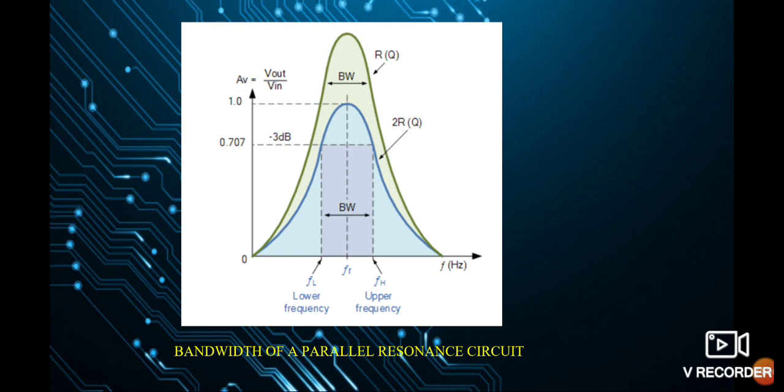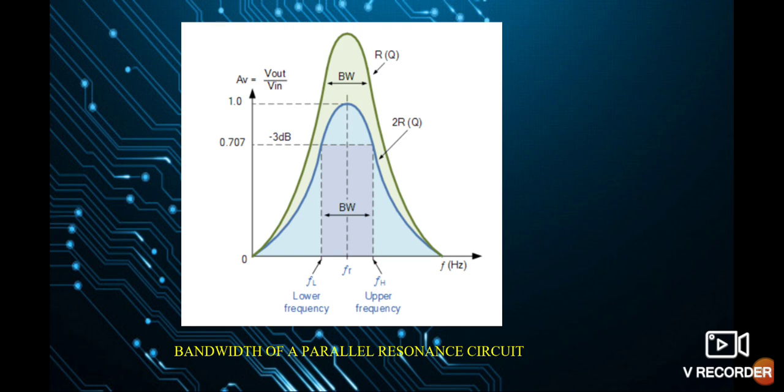Here I have provided the graph for the bandwidth of a parallel resonance circuit. We can see that the bandwidth is basically the distance between the lower and the upper cutoff frequency. It is cutting the graph at a particular value, 0.707, which gives us the minus 3 decibel point, and the maximum peak value is 1.